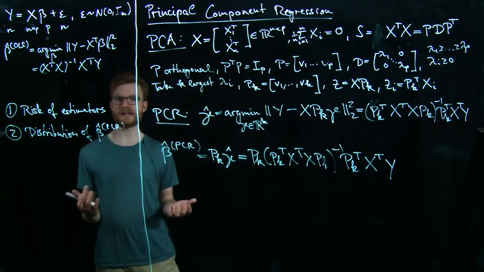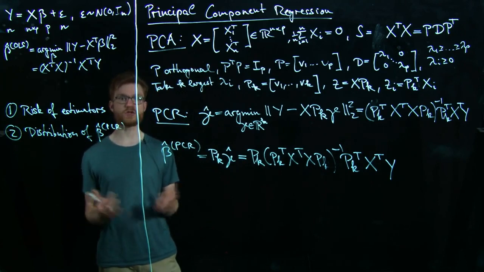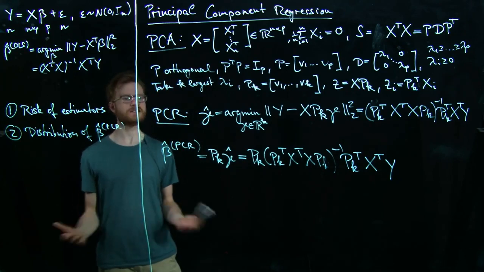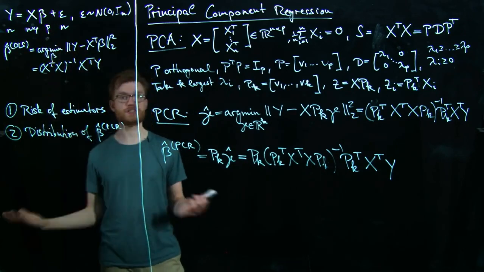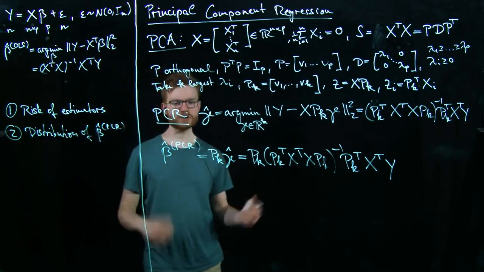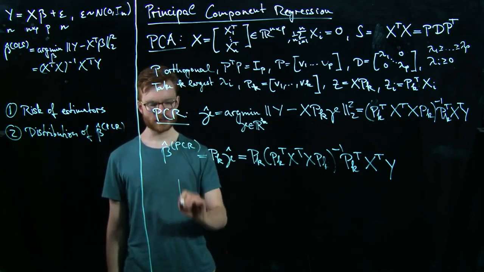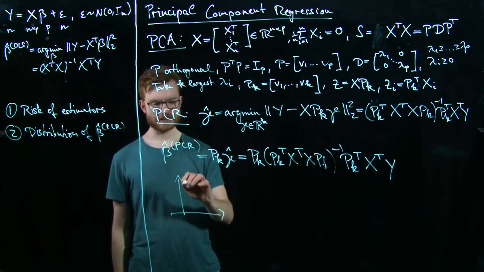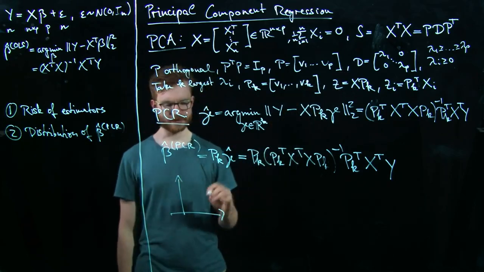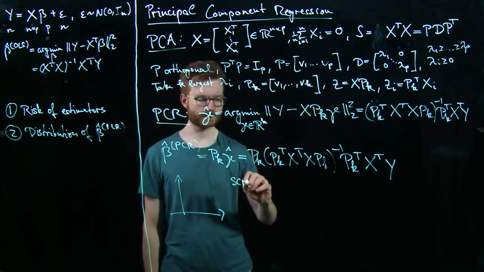We'll see what actually an optimal choice of k could look like, but it does involve knowledge of the underlying beta, which is unknown. So what we do in practice most often is to have a look at the variances here, and this is called a scree plot.